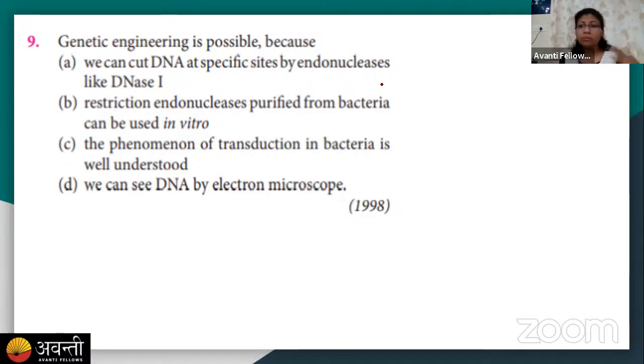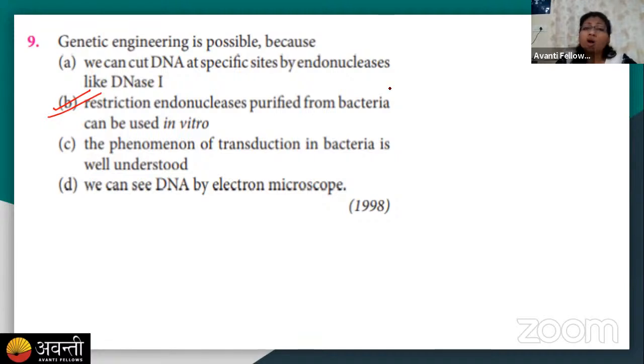That does not remain under control, because when we are doing something in vivo, the body of an organism is also playing a role. So we can say the restriction endonuclease purified from bacteria can be used in vitro. This is the most important enzyme, because this is the only enzyme which makes our genetic engineering possible. If it is able to work in vitro, then yes, it is the main reason through which genetic engineering becomes possible. Very good.